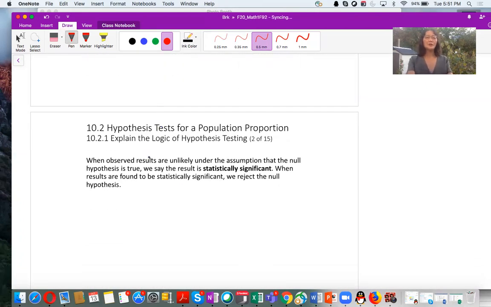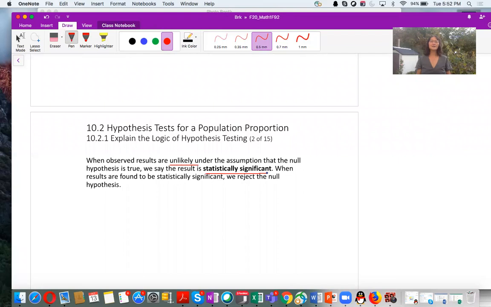When we observe results that are unlikely under the assumption that the null hypothesis is true, we say the result is statistically significant. So when something is statistically significant, it is unlikely to happen. When results are found to be statistically significant, we reject the null hypothesis.